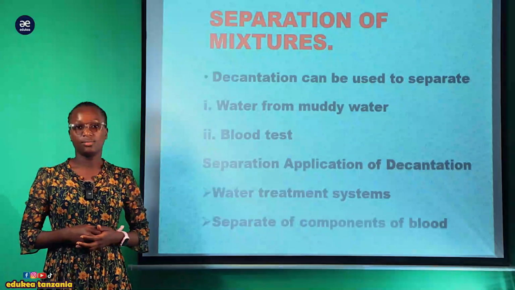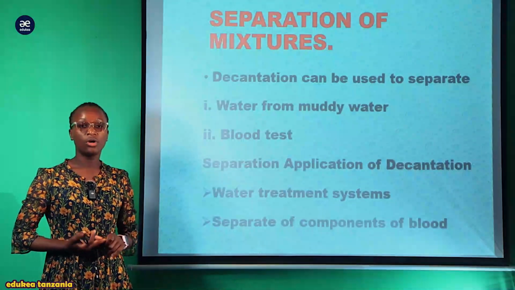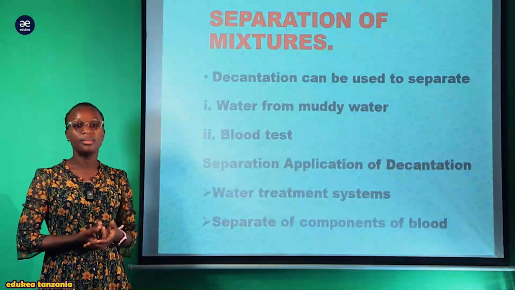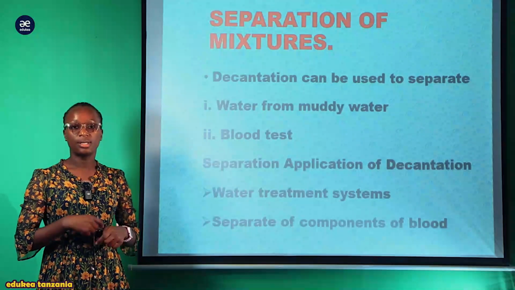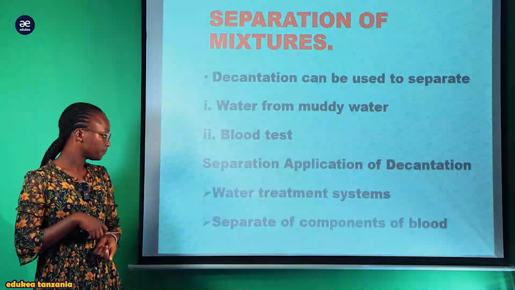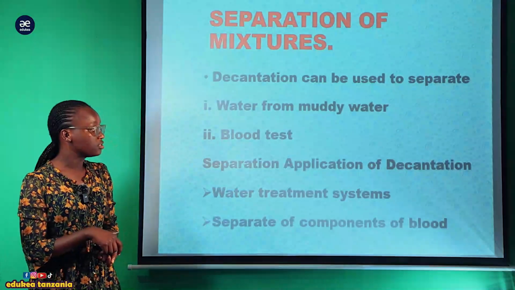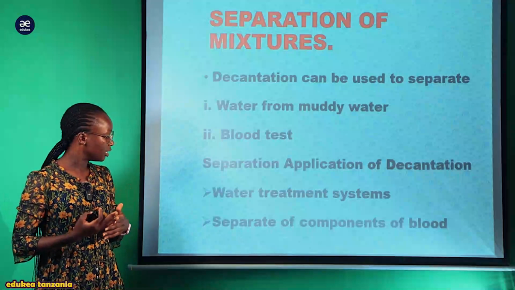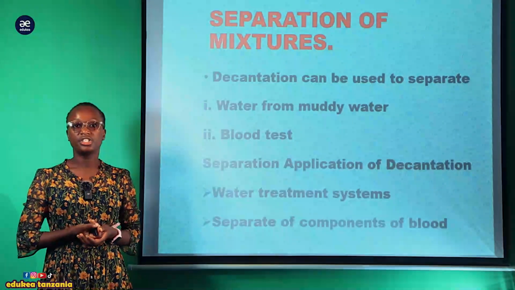Wakati wa kupurify water. In water purification, we know that tunatakiwa tufanye remove of unwanted materials. So this decantation can be applied here during separating or purifying water. Another is separation of components of blood. Different components of blood can be separated by using the decantation method.